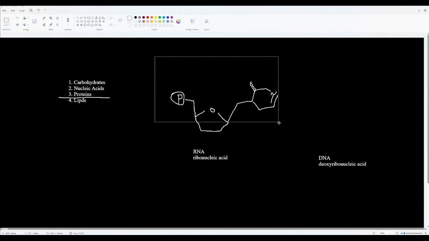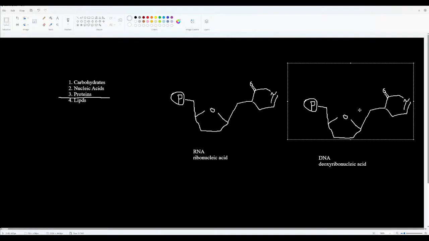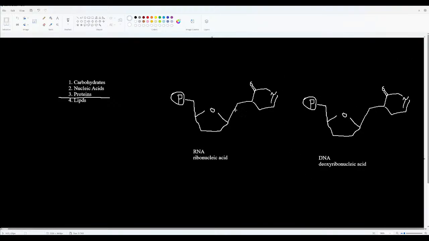So I'm going to go ahead and copy this, move it over here, and I'm going to show you why these are different. We're going to play spot the difference between these two molecules.